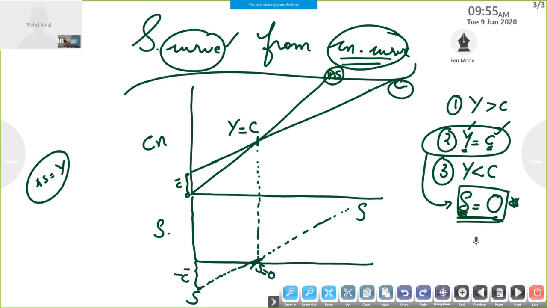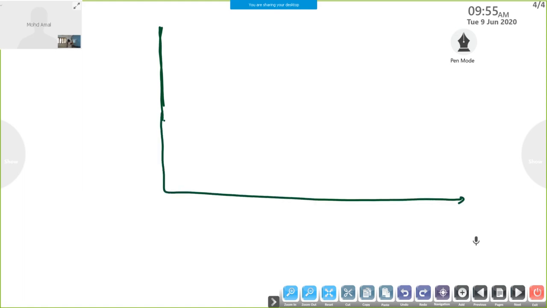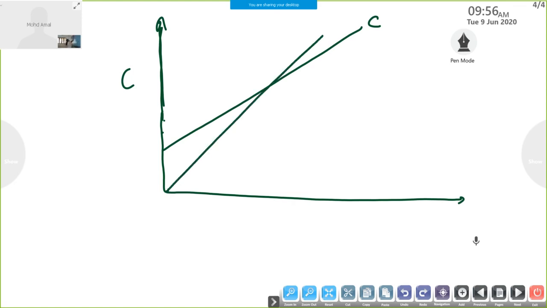This is two panel. You can make in a single diagram also the same process. First we need consumption curve. Then we need AS 45-degree line, intersected point.